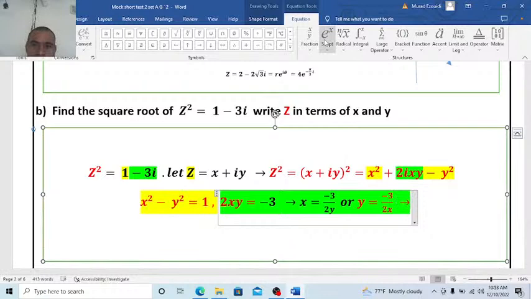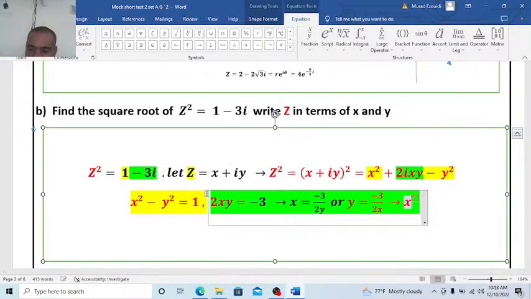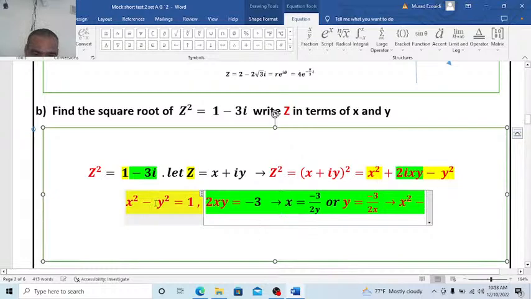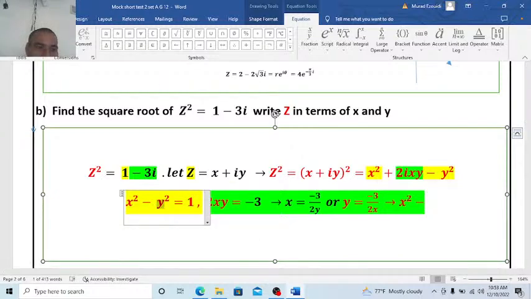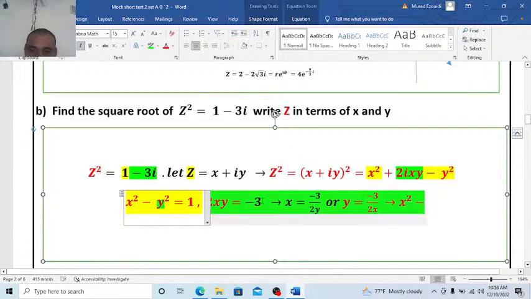I will write x squared, again no problem. I will write here x squared, minus what? Minus, look, the y here, I will make this y green. You see this y, the green one now, is equal to negative 3 divided by 2x.